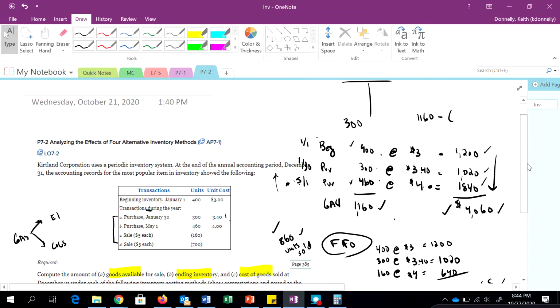Going back, looking at the facts here, we started with 400, purchased 300, purchased 460 more. We're at 1160 in total units.